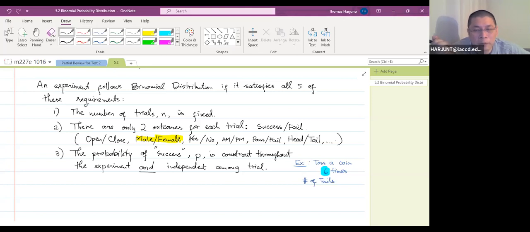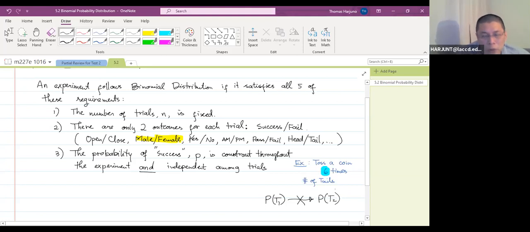So the probability of getting tail if you toss it the first time will be the same as the second time you toss it, the third time you toss it. And independent among trials means if the first time you toss it you get tail, it doesn't tell you anything. It's independent of influencing or increasing or decreasing the probability of getting tails the second time.